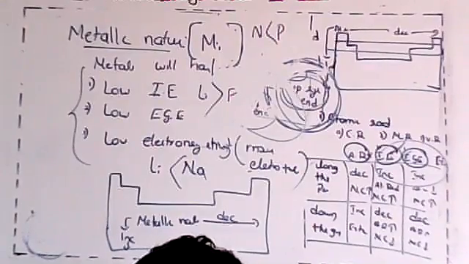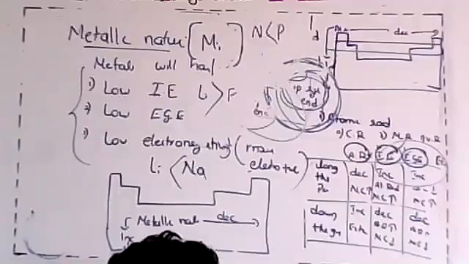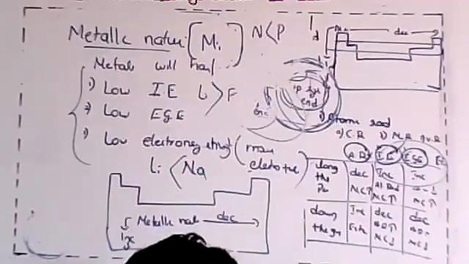Along the period, electronegativity increases and atomic radius increases and nuclear charge also increases. Everything increases. What you are answering is everything increases.